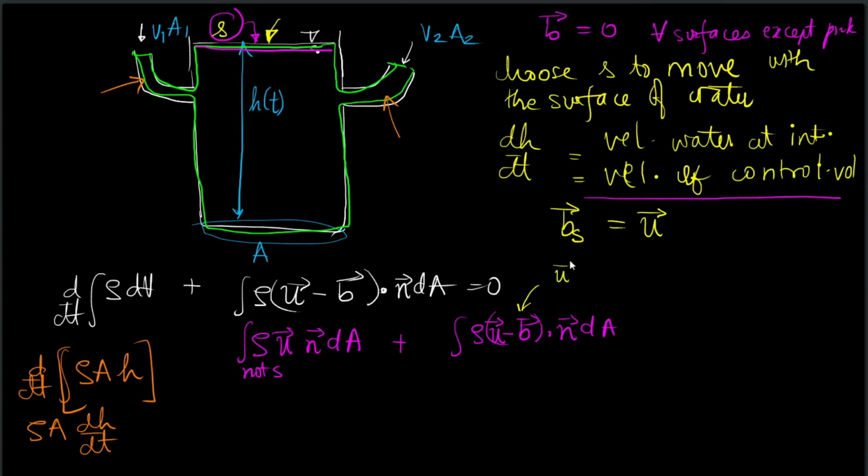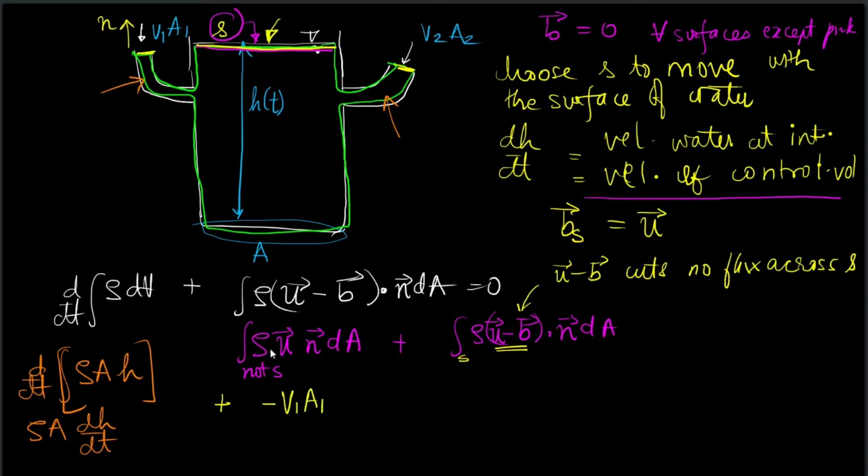That is, u minus b cuts no flux across S, because as the surface moves, you are always coinciding with the area, so it is not able to cut any flux. So this term will have contributions from the inlets. v1 is opposite to the normal, so it will be minus rho v1 a1, and there is of course a rho.